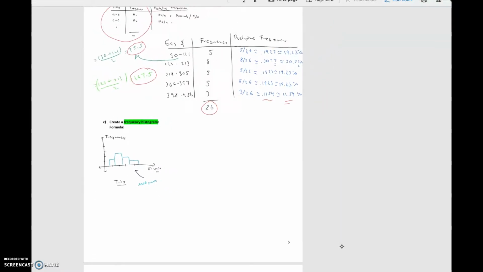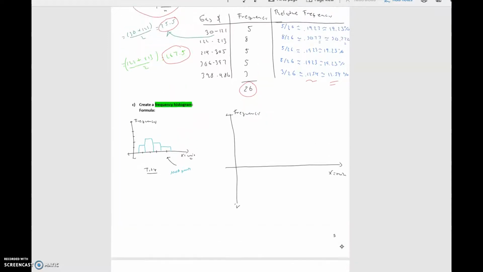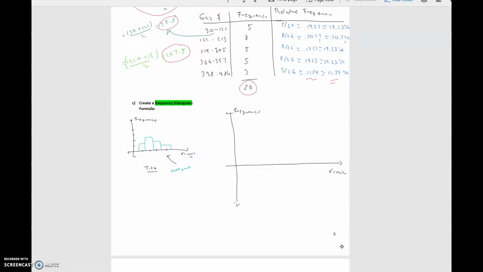So when we're creating the bar graph, let me just do it here. This is going to be your x-axis. Your x-axis represents minutes, which is the unit. Along the y-axis, it's going to be your frequency. Now our frequency is going to go to the maximum value, which is 8.